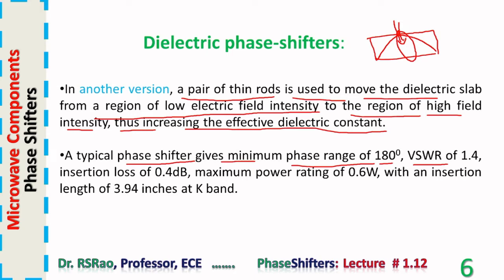When the slab is in the center of the guide where intensity is more, the effective constant assumes large values, and when the slab is moved onto either side from the center, the dielectric constant becomes less. This is the idea behind the version that is mentioned here.